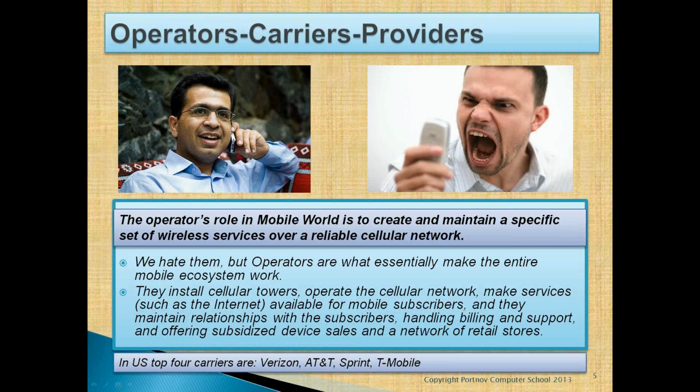They create and maintain a specific set of wireless services over a reliable cellular network. They literally install cellular towers, operate cellular networks, and make services such as internet available for subscribers. They also maintain our relationship with us as subscribers by handling billing and support and offering subsidized devices, sales and network through retail stores.